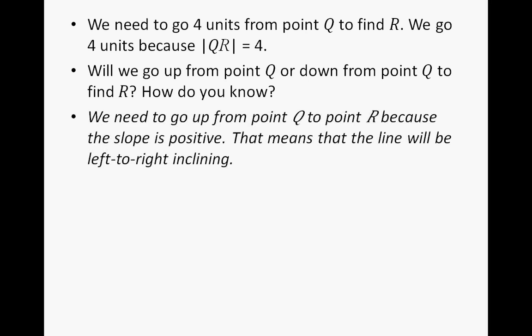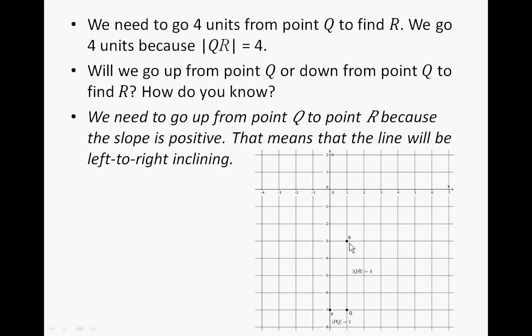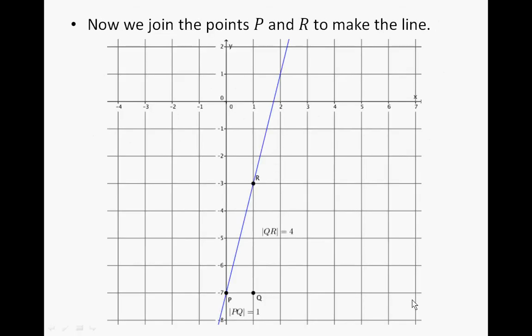Well, we need to go up from point Q to point R because the slope is positive. That means that the line will be left to right inclining. So here is our illustration, putting R 4 points away from Q. So now we join the points P and R to make our line. And here you go.